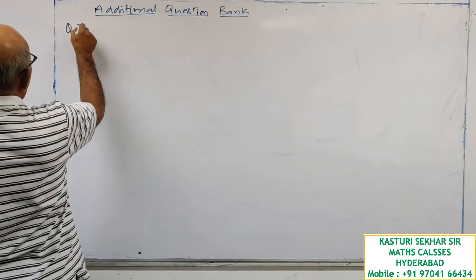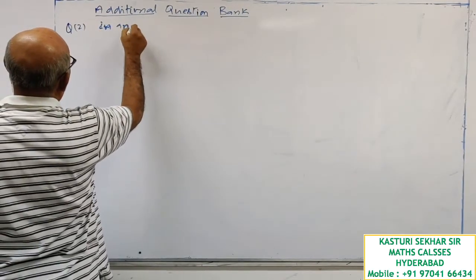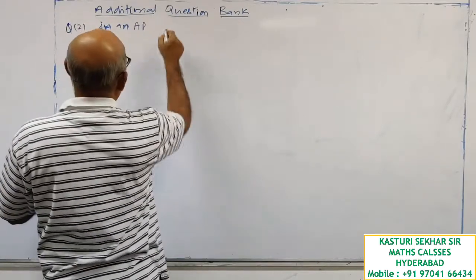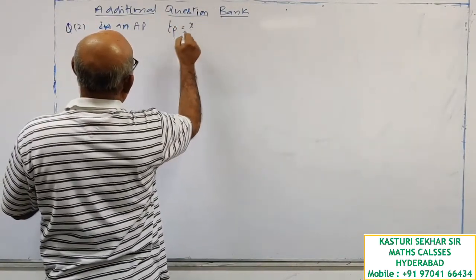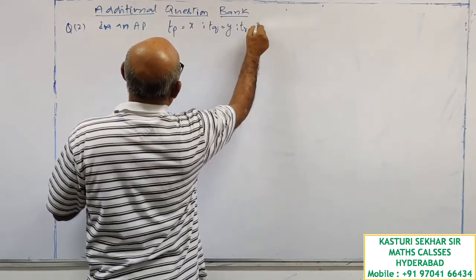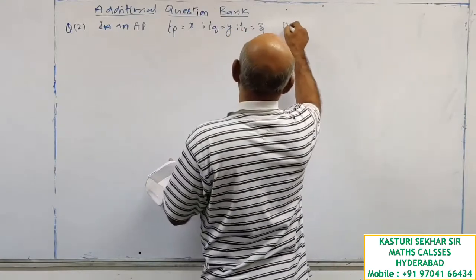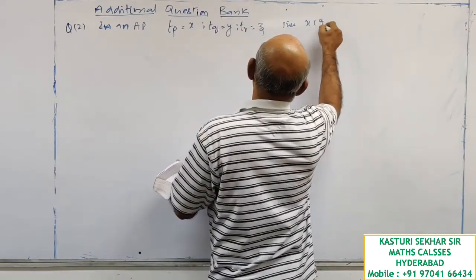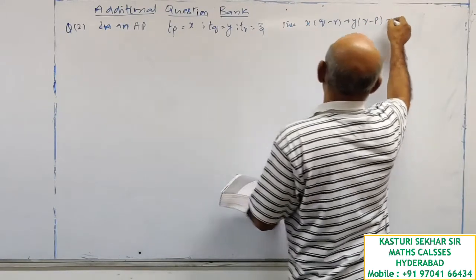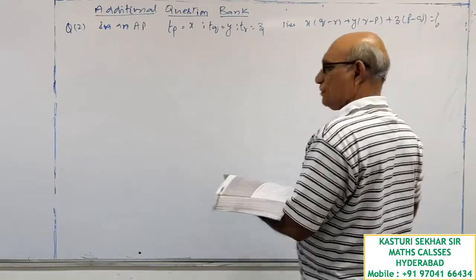Question number 2. In an AP, TP is equal to X, TQ is equal to Y, TR is equal to Z. Then X into Q minus R plus Y into R minus P plus Z into P minus Q is?